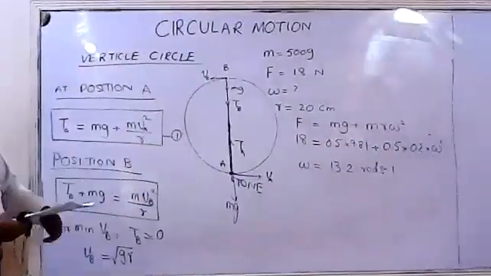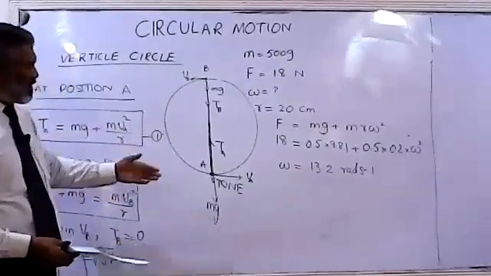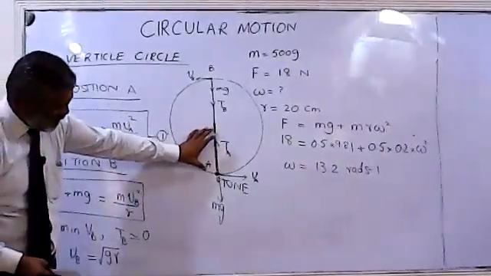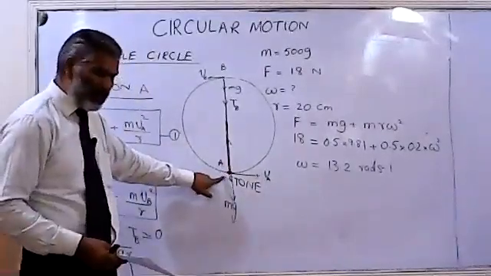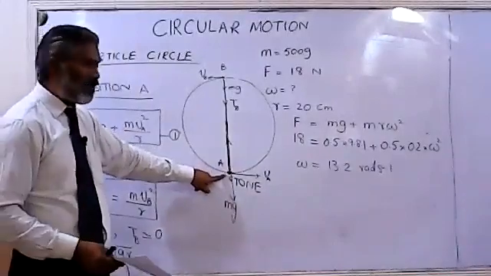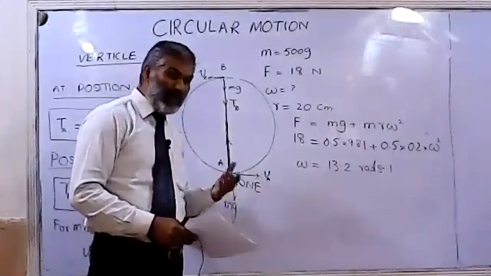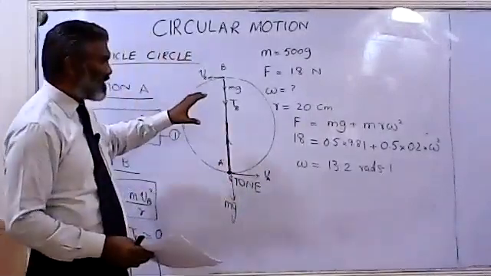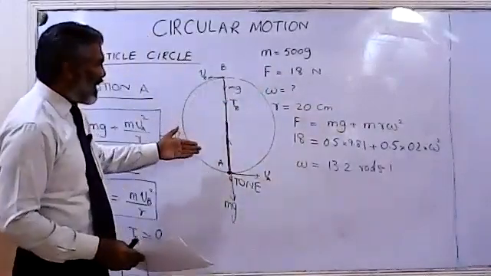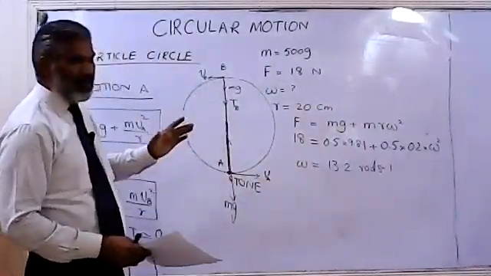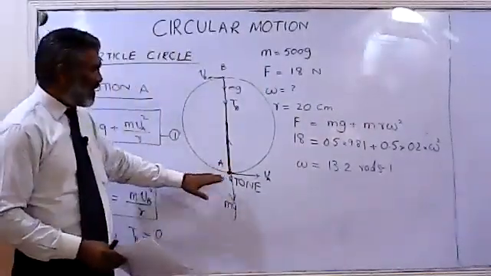Let me explain once again what we have done here. The question was, we have a stiff rod here, and this stiff rod has a stone attached to this end with the help of a glue, and the maximum force it can provide, so the stone remains attached to it, is 18 Newton. So if they ask what is the position where this stone will most likely snap from this rod, that position is here.